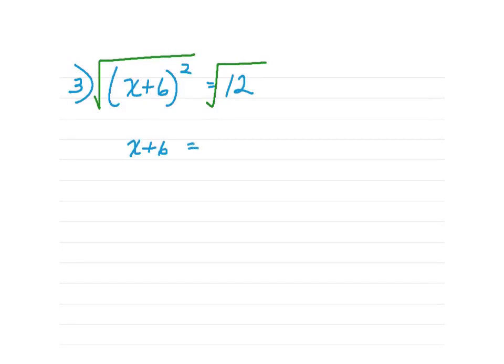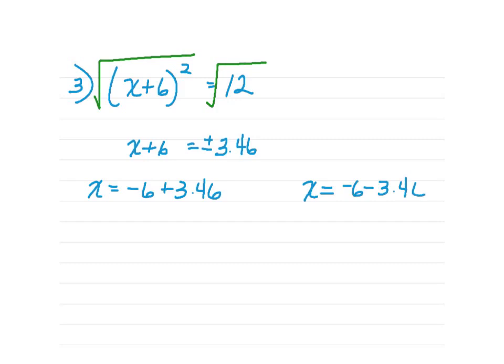And then the square root of 12 would be 3.46, positive and negative. All right, so here are my two scenarios. I have x equals negative 6 plus 3.46, or x equals negative 6 minus 3.46.